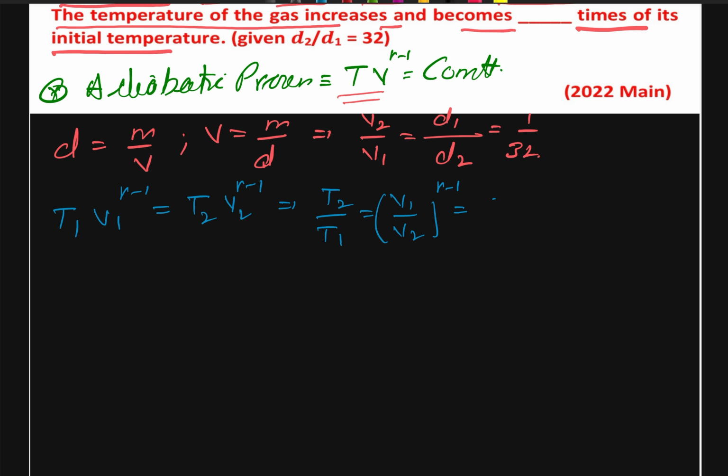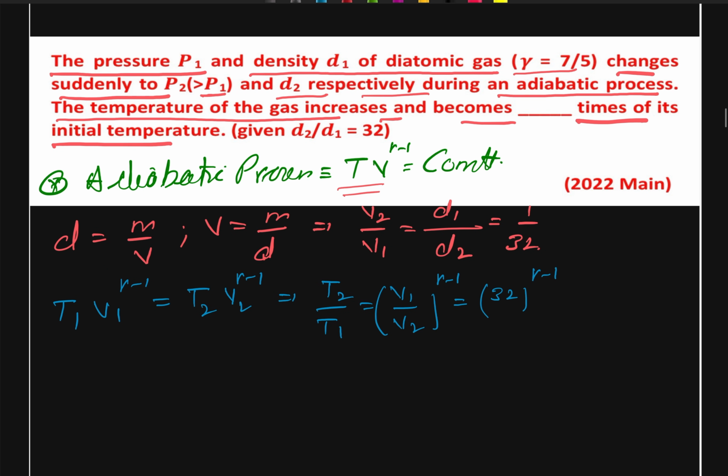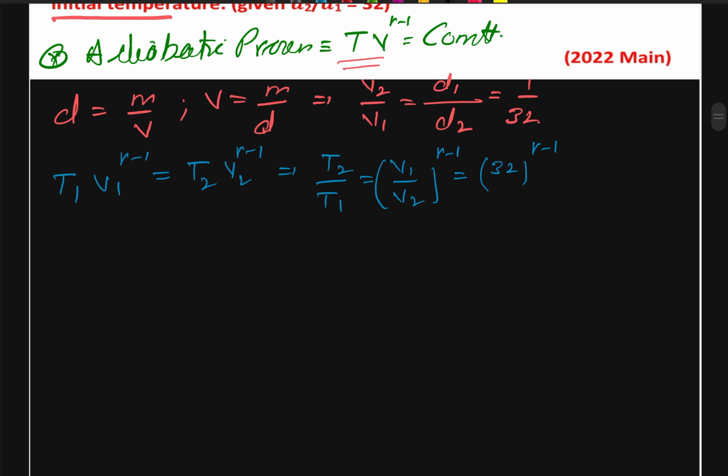1 by 32, so this comes as 32 to the power gamma minus 1, and gamma is given to us as 7/5, so this becomes 2 by 5, so this will be 32 to the power 2 by 5, so this will be coming as 4.